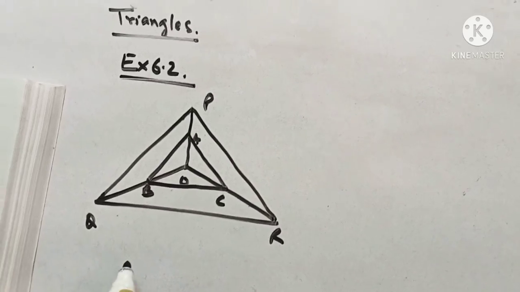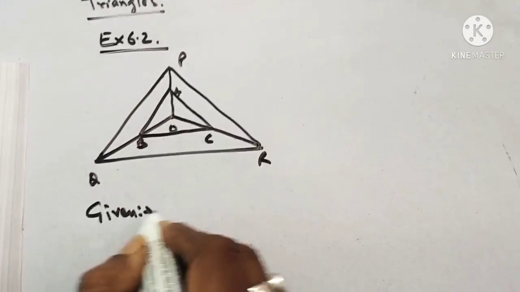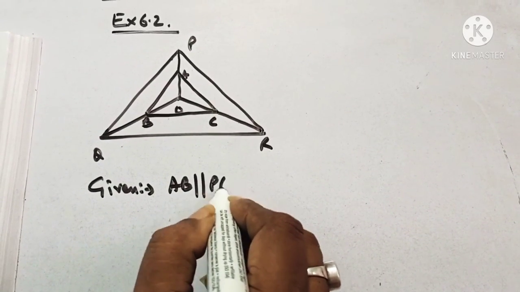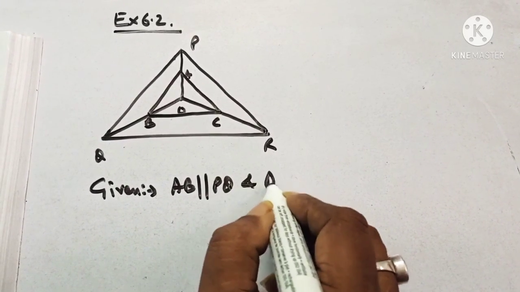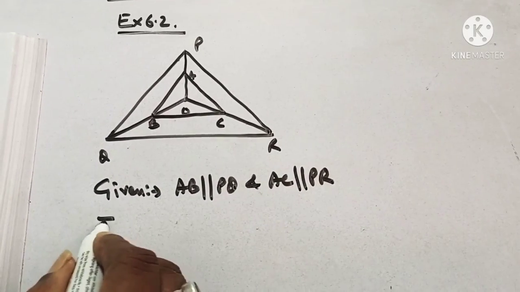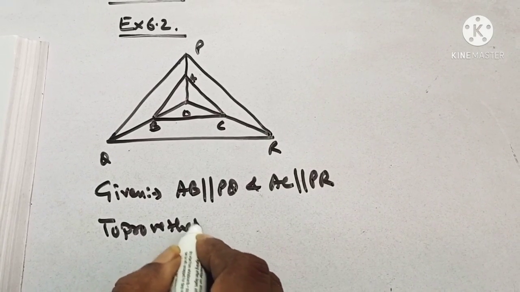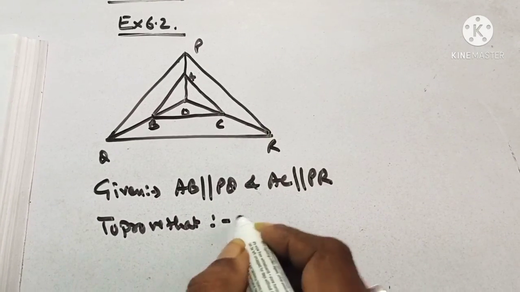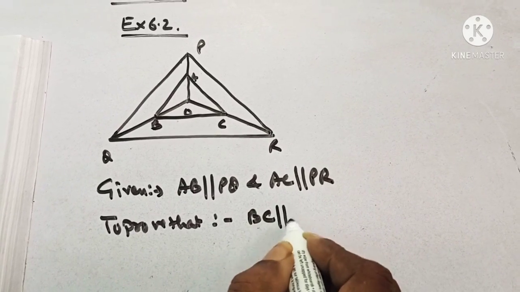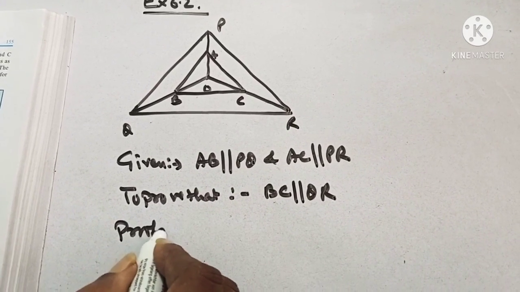So here in this figure it is given that AB is parallel to PQ and AC is parallel to PR. We have to prove that BC is parallel to QR. So how to do this proof?